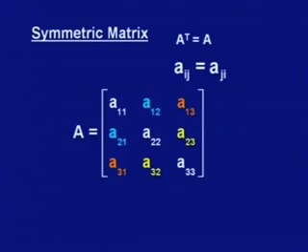So if I have a square matrix A, then this matrix will be symmetric if A21 is the same as A12, and A31 is the same as A13 by the definition, and A32 is the same as A23.